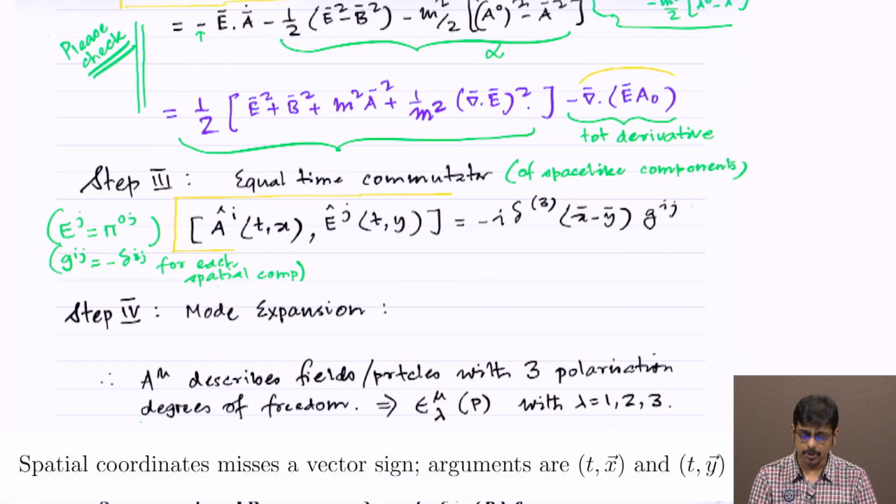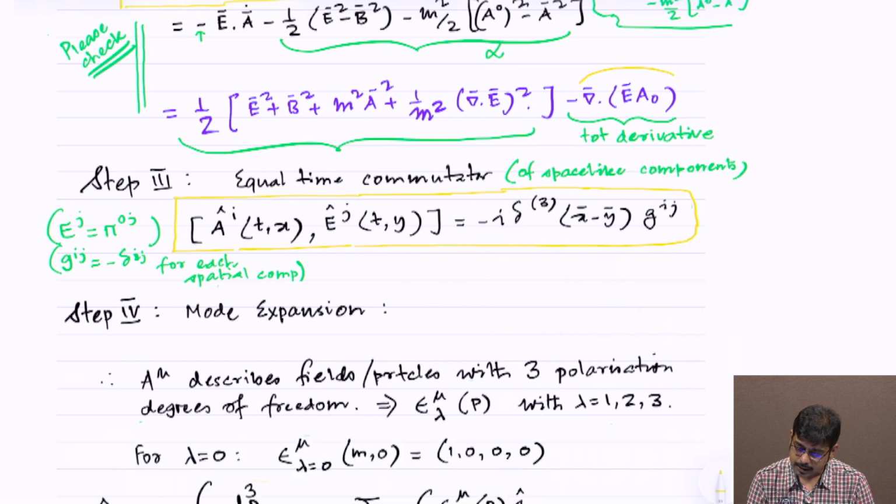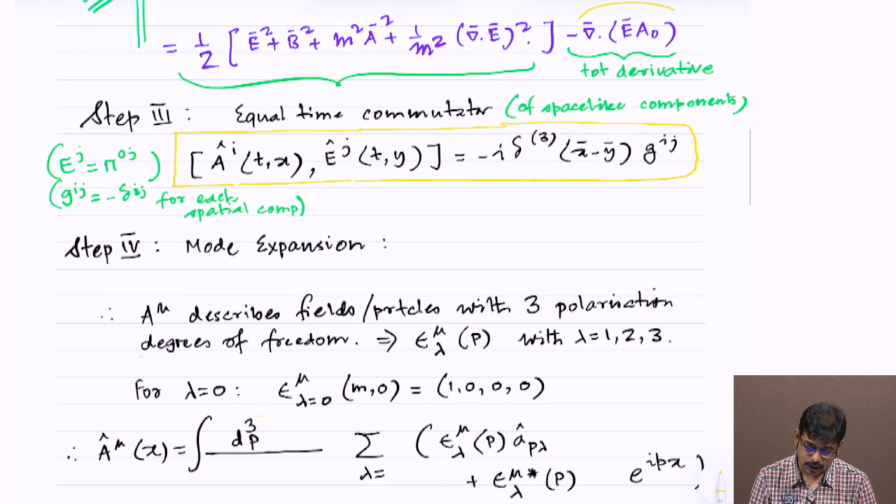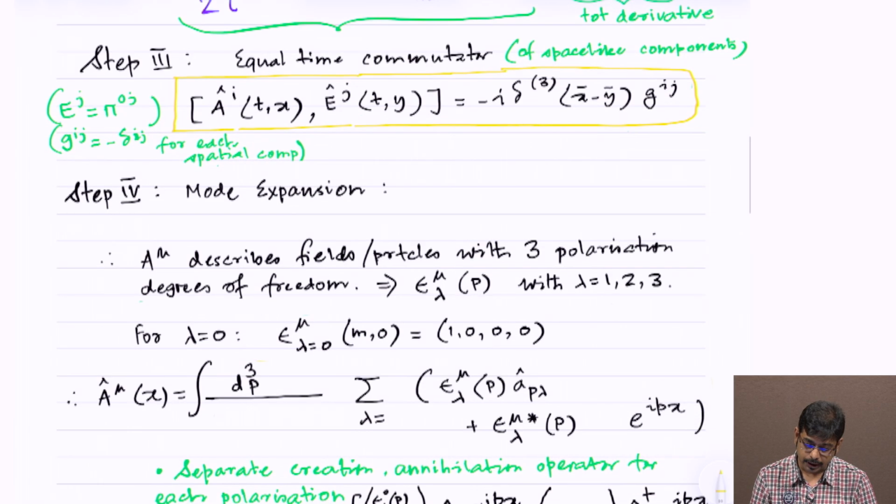Once again, this is a commutator because these are bosons. So, this is A I at x and E j at y, and the commutator of this is going to be minus i del cube of x minus y g ij, and g ij is going to be equal to minus delta ij for each spatial component.